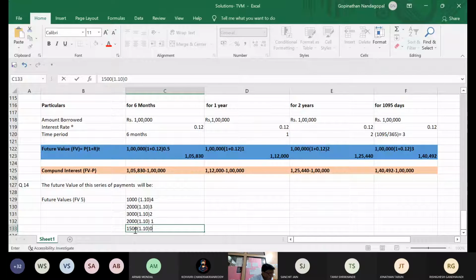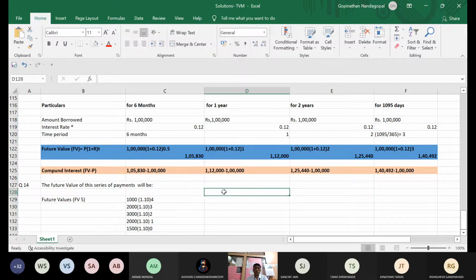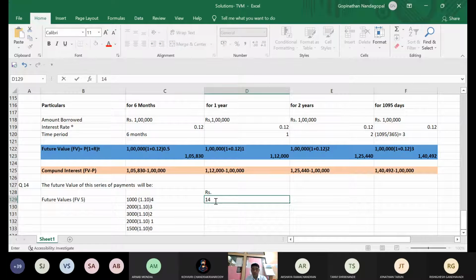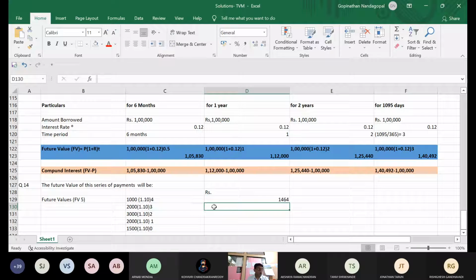Yes, sir. Good. Now somebody can help me in calculation. The first one is 1464.1, sir. 1464. You can round it off. Okay, sir. Next. 2662.